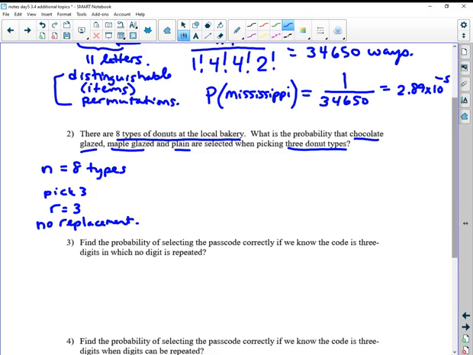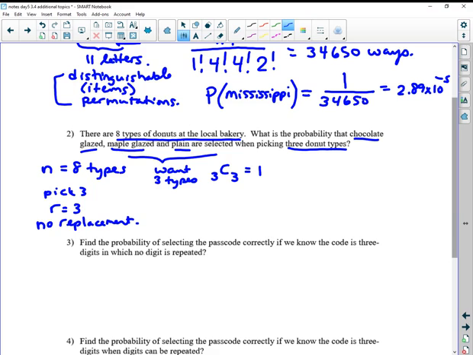for these donuts. So if we're going to try to pick from these three, we want the three types. Then we want to be able to pick from these donuts the three that we want. There's only one way to do that.